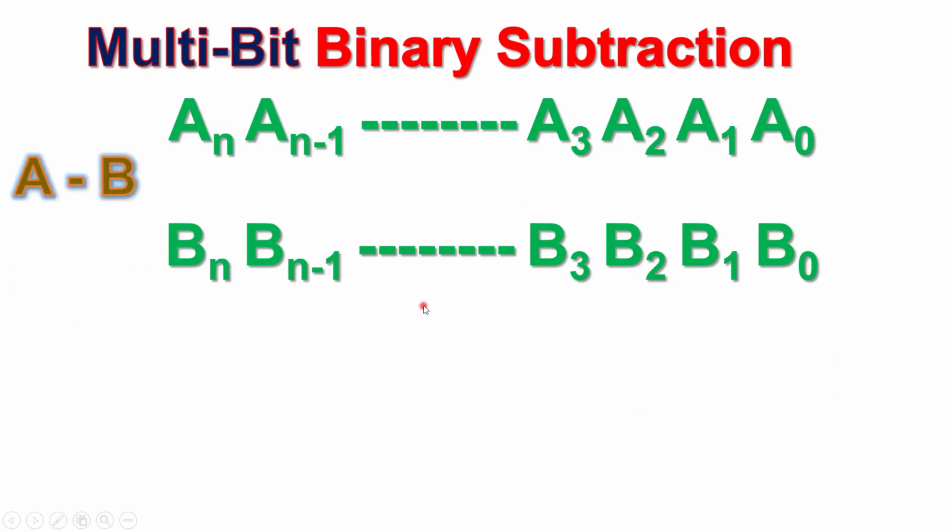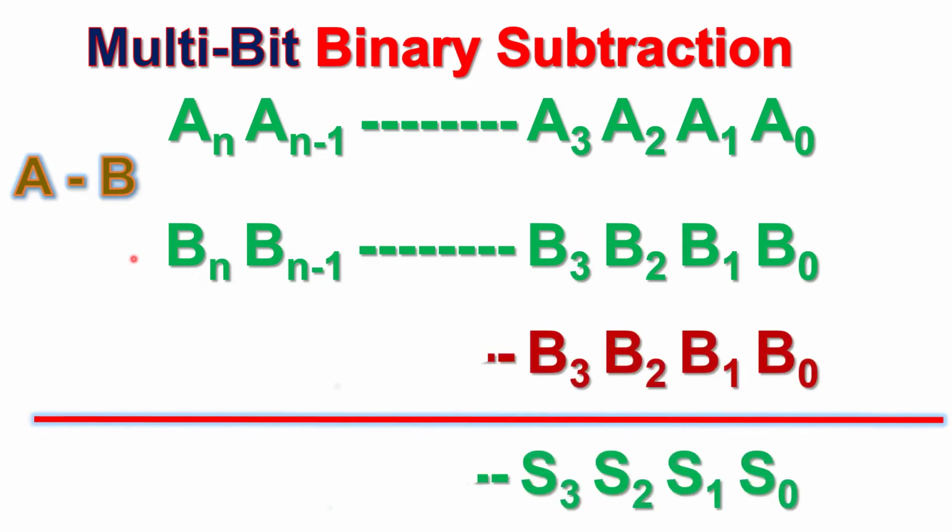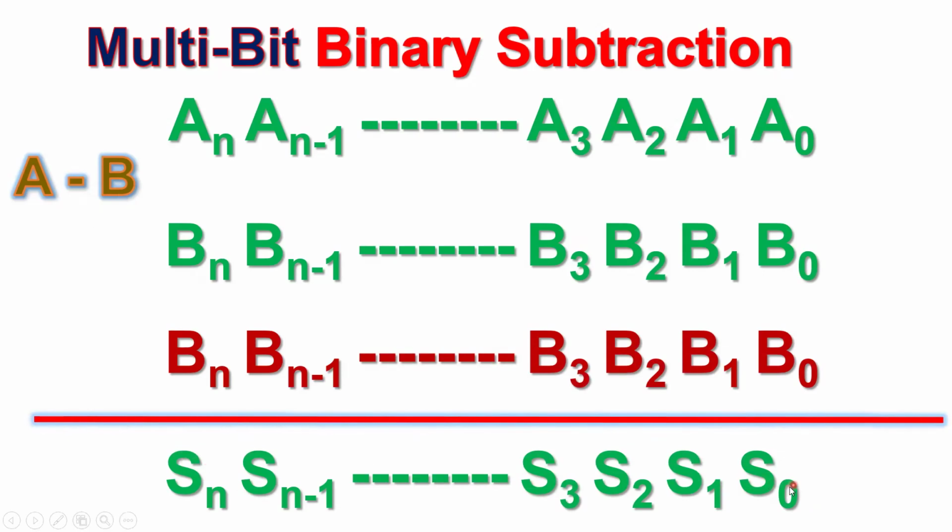And this is how we will read this number A minus B, that is you are subtracting B from A. So there are two outputs of this subtraction. Those outputs are called the difference, starting with S naught to Sn. S naught is your LSB and Sn is your MSB. Similarly, there is a borrow output starting from LSB B naught and MSB Bn.